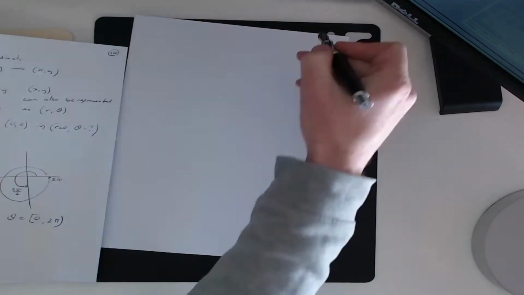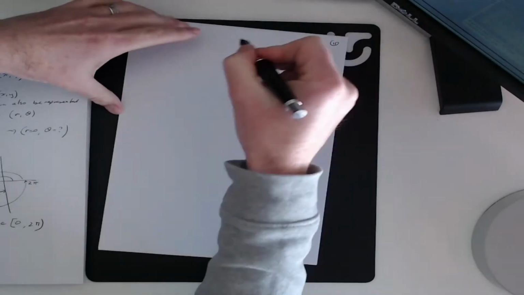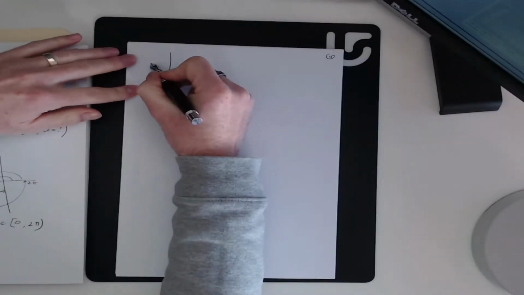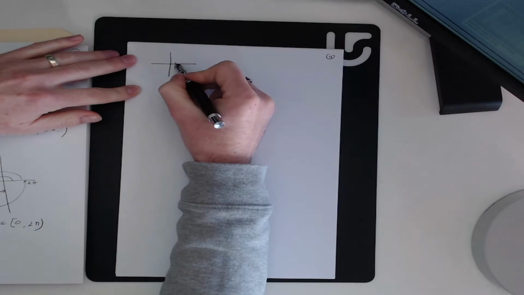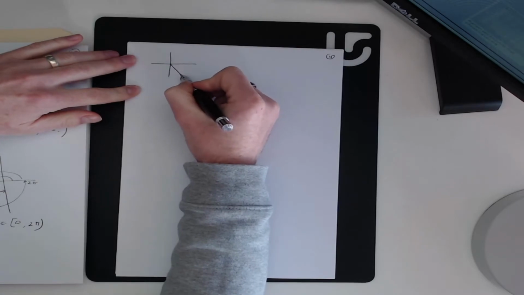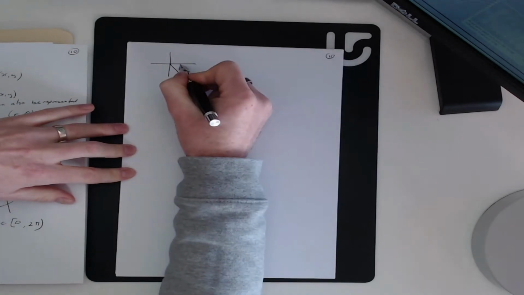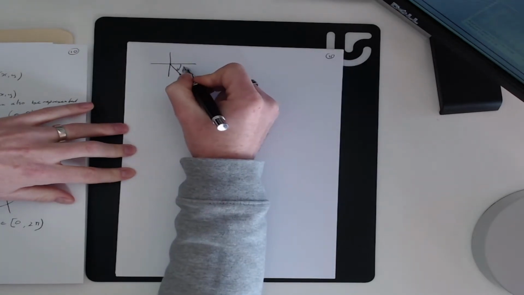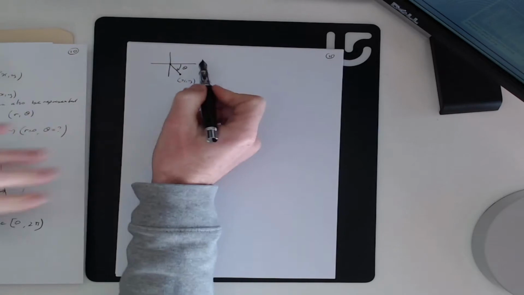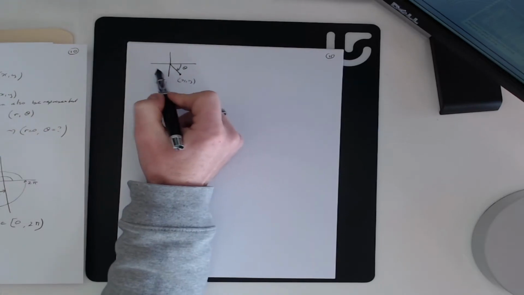The other way of doing this is to consider this point and to consider going backwards. So we'll always measure counterclockwise for positive and clockwise for negative.